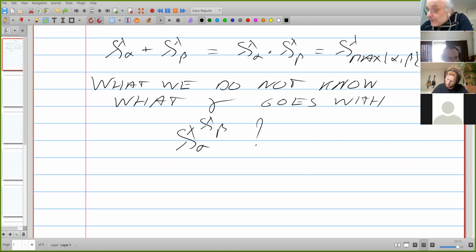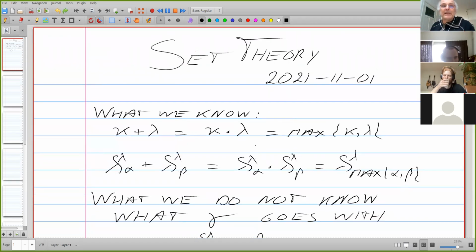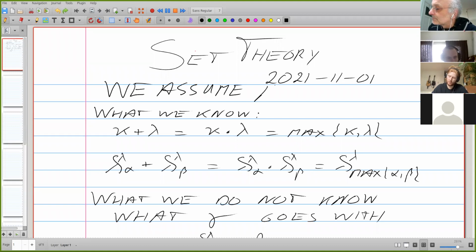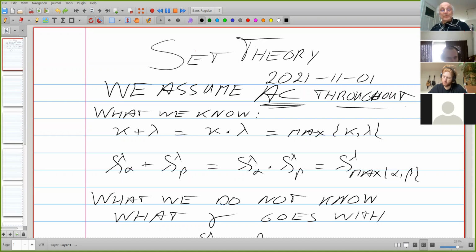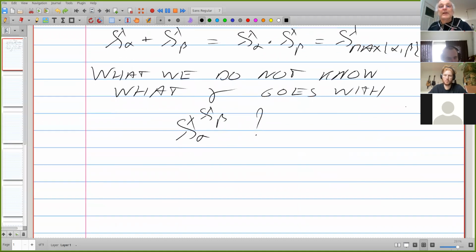We do get a cardinal, we do get an Aleph, because, what I should write down here at the top, we are assuming the axiom of choice today, and we're working from chapter 5 in Jech's book, Axiom of Choice and Cardinal Arithmetic. We know that it is an Aleph, but we don't know which one.